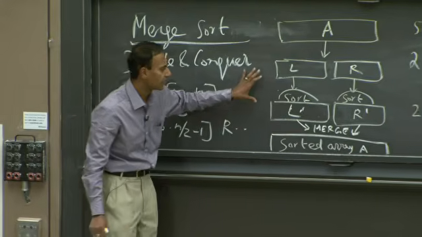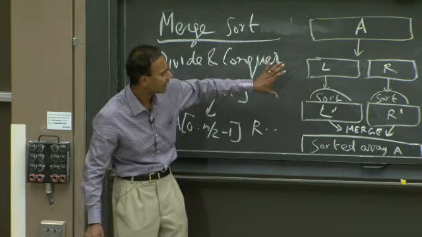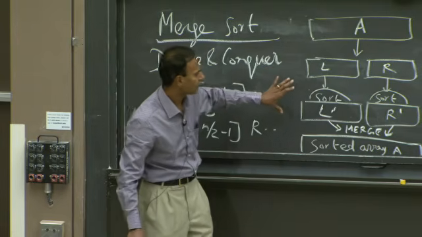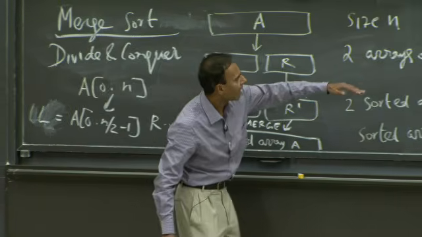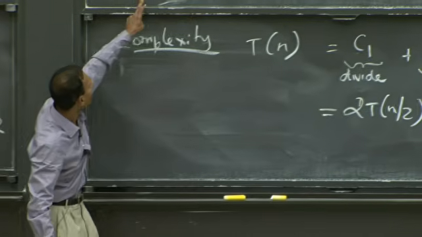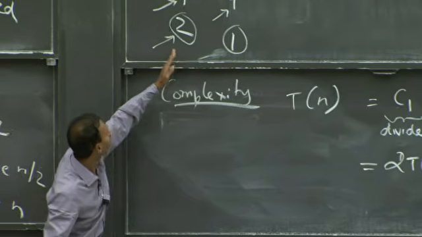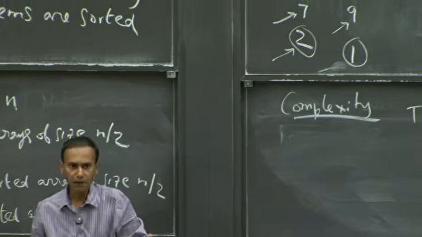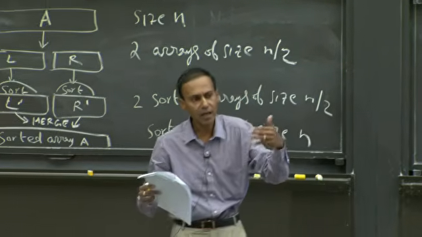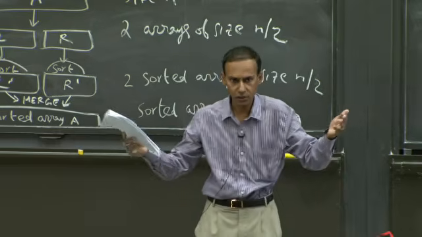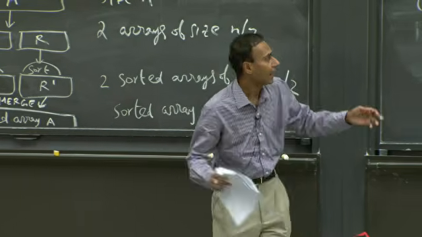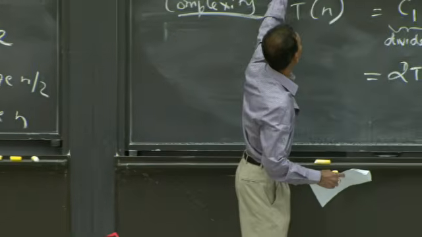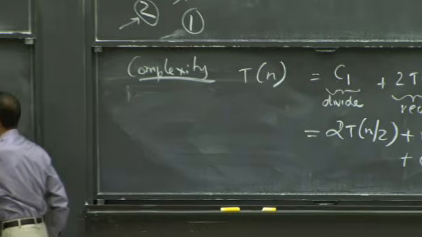And so what you see here, and it was a bit hidden here, but the fact of the matter is that you had L prime and R prime, and L prime and R prime are different from L and R, which were the initial halves of the inputs to the sorting algorithm, right? And what I said here is we're going to dump this into A. That's what this picture shows.